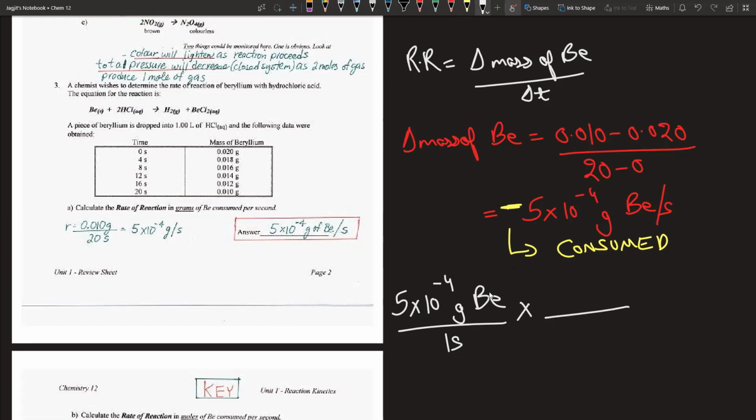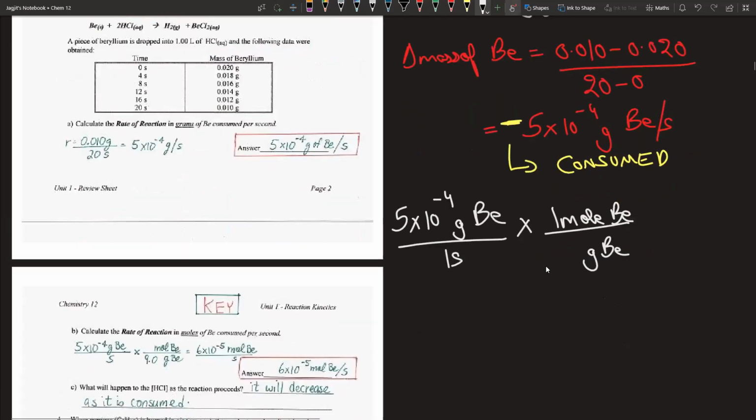So we just need to convert these grams of Be into moles. I have grams at the top, I will put grams at the bottom. Then we need to find the molar mass of Be. We say 1 mole of Be gives me, what's the molar mass of Be? If you look at your periodic table, it's 9.0. And grams of Be cancels.